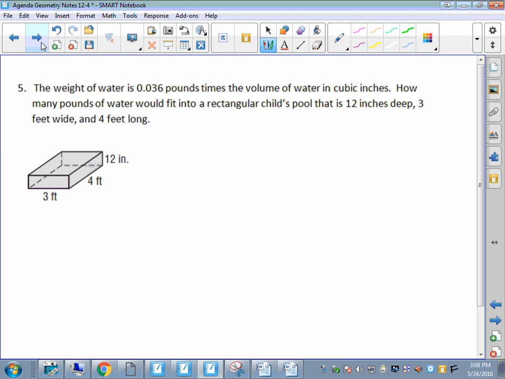Notice we're going to multiply 0.036 times the volume in cubic inches. So what do you see about my diagram or my units right off the bat? I can find the volume of a child's pool, right? And I can use that value to find out the weight of the water in it, but I have to watch out for these units.